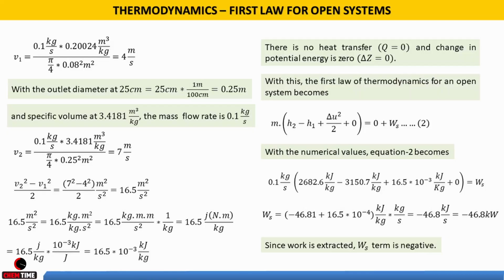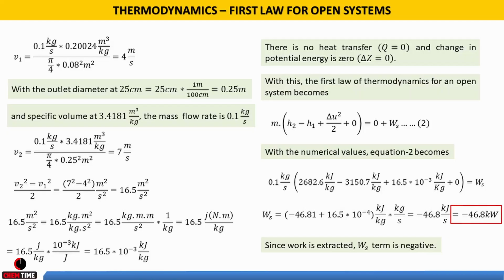That will be equal to Ws. So Ws will be minus 46.81 plus 16.5 into 10 power minus 4 kilojoules per second, or minus 46.8 kilowatts.